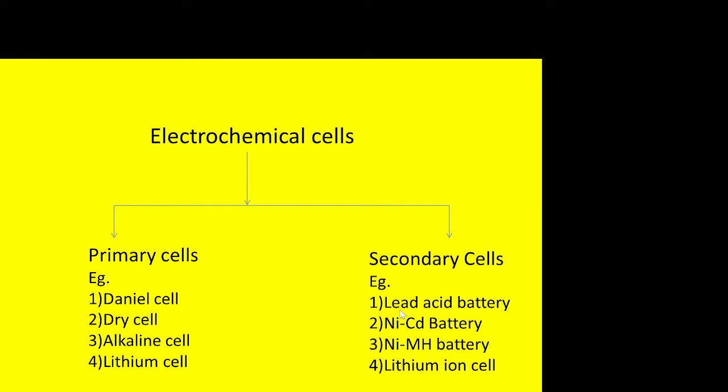The important drawback of the lead acid battery is that it has very low energy density. The battery is very heavy, and the cyclic life is also less. It can be used only for about 1000 cycles of charging and discharging. Why does this battery have low cyclic life?